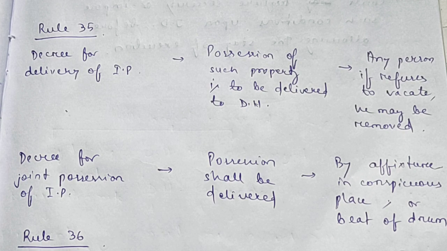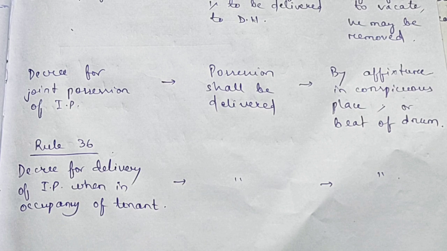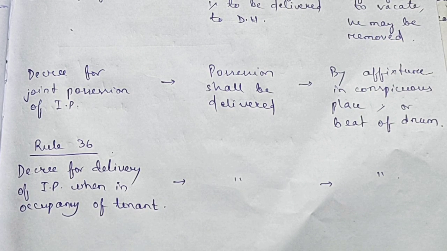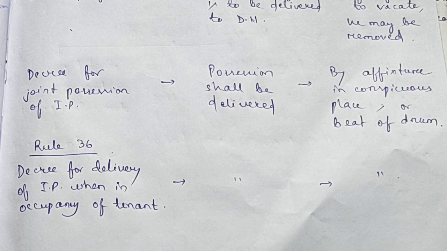How? By affixture in a conspicuous place or by beating of drums. Rule 36 lays down the decree for delivery of immovable property when in occupancy of a tenant. The process is the same as in case of decree for joint possession of immovable property.